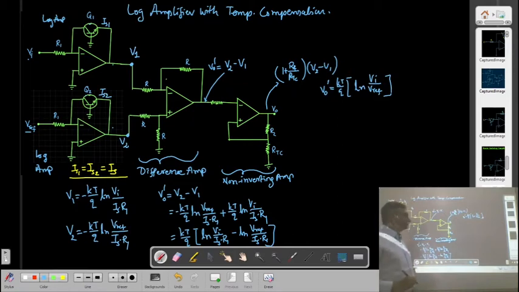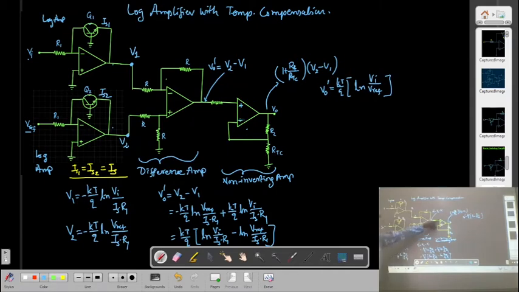Okay. Now this output voltage is given to a non-inverting amplifier. So actually here in the circuit we have the mistake. This one is a non-inverting terminal and this is an inverting terminal.